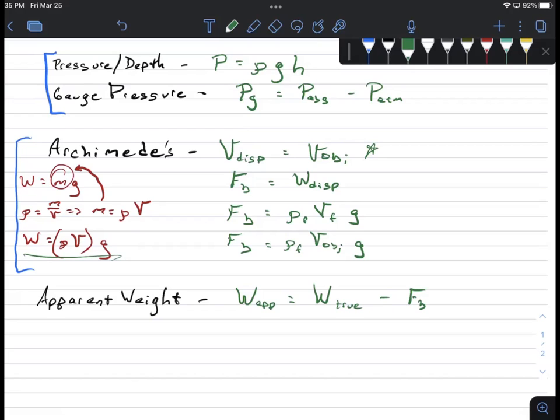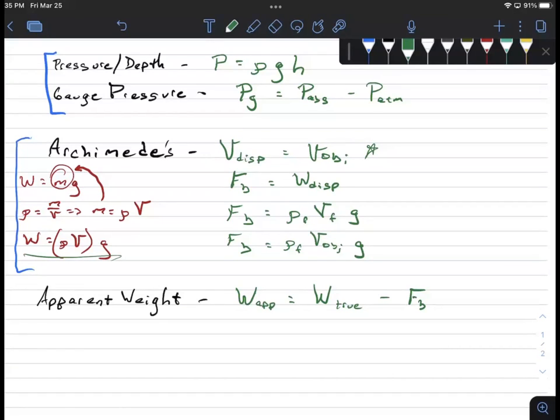Now, to design it, you need to know how much force this claw machine has to give to pull up on the sunken treasure. So how do you know how heavy it's going to feel while it's under the water? Well, if you know something about the treasure, you say, oh, there's 10 gold bars in it. I know the weight of each gold bar, so I multiply that by 10. I now know the actual weight of this treasure is, say, 1,000 pounds.